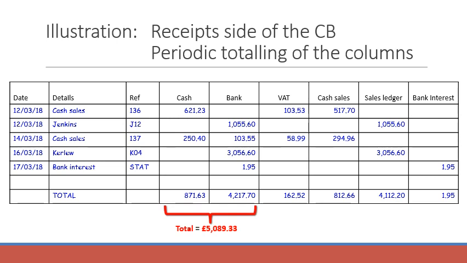The way that we can check is we would add up the totals of our cash and bank columns, and that should come to the same amount as the columns where we've analysed the source of those receipts. And up on the screen we can see that yes, these columns do cross out, so it gives us a little bit of assurance that we haven't made any silly mistakes.